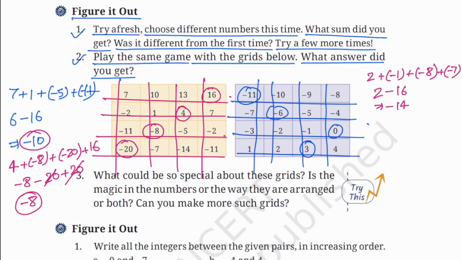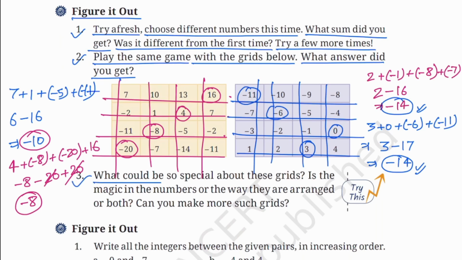Sum will be 3 plus 0 plus -6 plus -11. 3 minus 17 is equal to -14. You can see here -14 in both cases. So the pattern is true here.